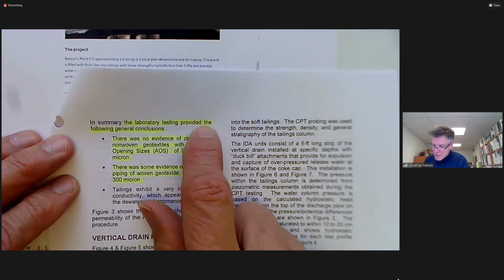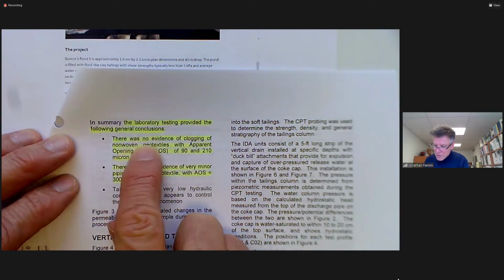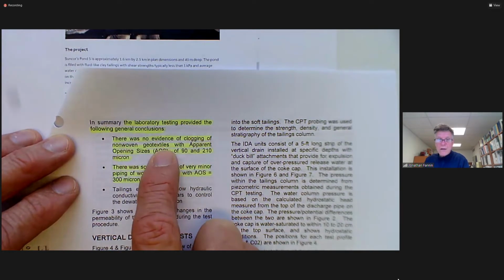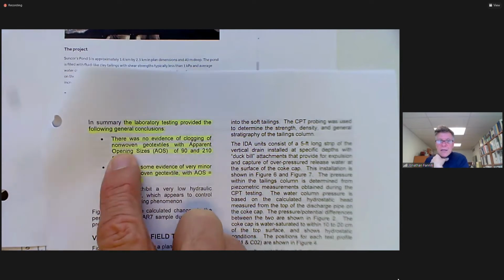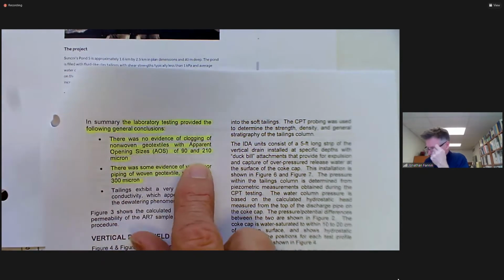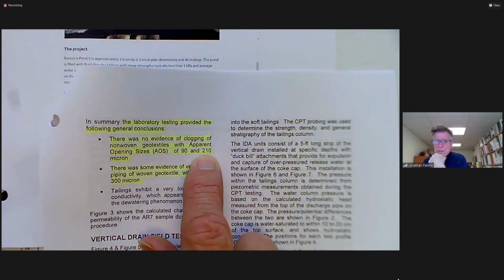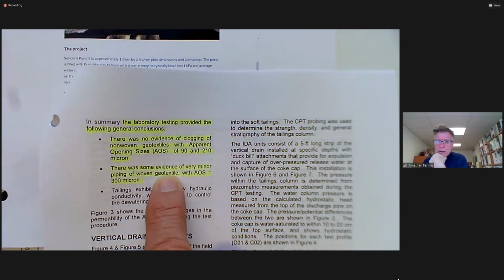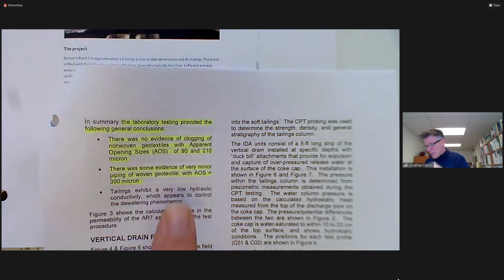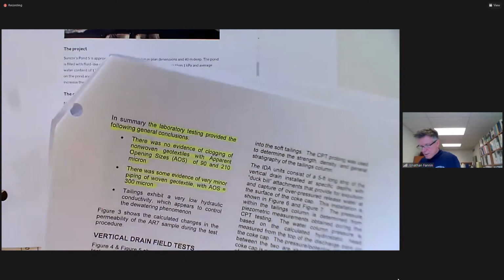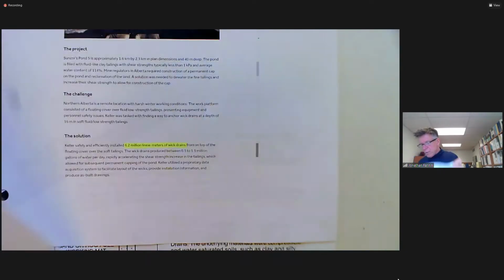The lab test provided the following general conclusions. There was no evidence of clogging of the heat-bonded non-wovens with opening sizes in the 90 to 210 microns. We opened it up a little bit more and we had a woven geotextile. We could indeed have tailings piping through the geotextile. That was a nice confidence builder. That was the piece of the puzzle we worked on.